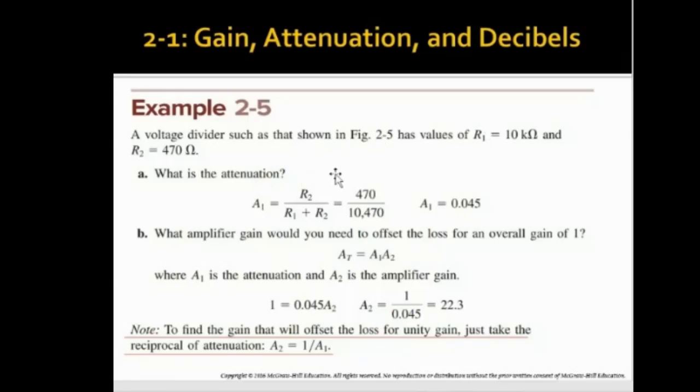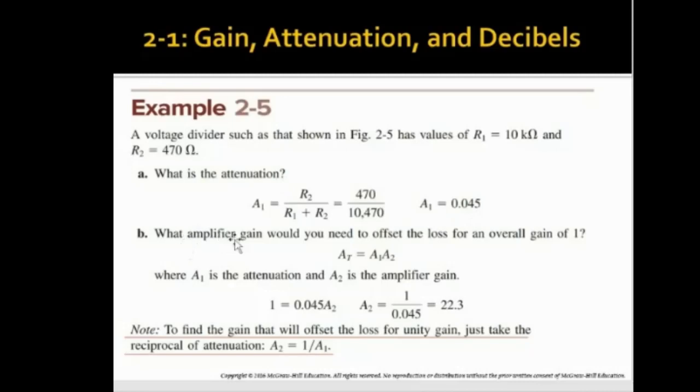R2 over R1 plus R2. So 470 ohm divided by the combination of these two. 10 kilo ohm means 10,000 plus 470 becomes 10,470 ohm. Dividing these two, we have an attenuation of 0.045.